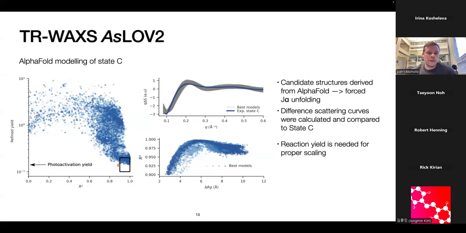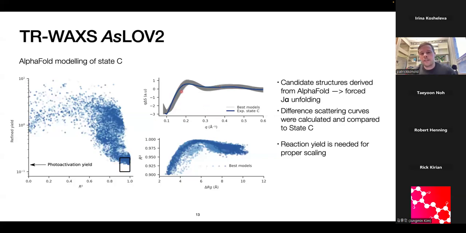So what you see on the lower left here within this box are the best fit structures, which entails, I think, about 6,000. And this is a plus or minus 5% window surrounding our 15% photoactivation yield.